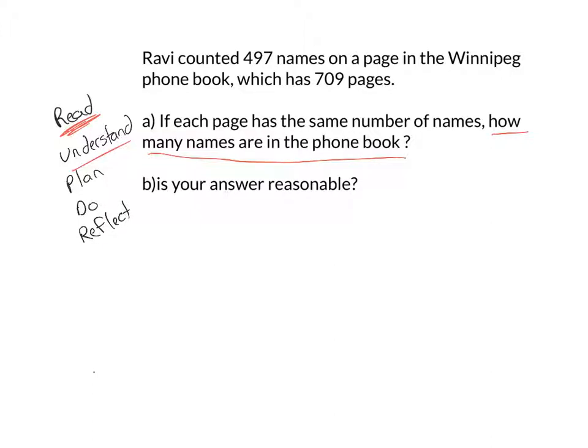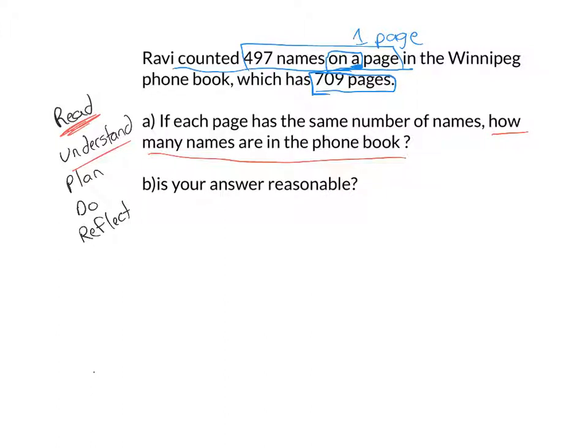Well, first of all, Ravi counted 497 names on a page. It's really important you understand the English language. A page means one page. So "a" tells us one in the Winnipeg phone book. The other important piece of information is that there are 709 pages in the whole phone book.